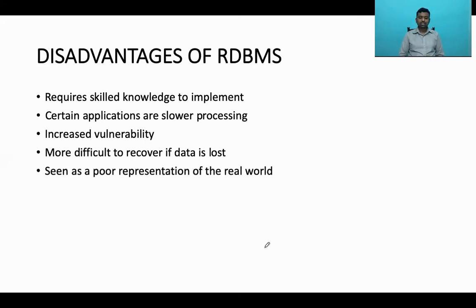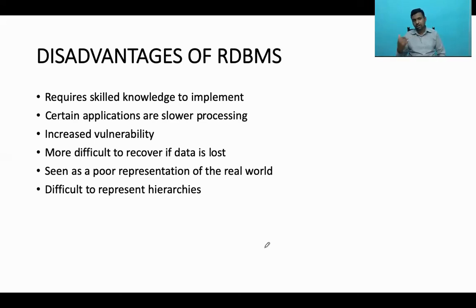Seen as a poor representation of the real world, right? Real-time representation is not as good in RDBMS, but it has its own advantages as well. Okay. Now, it is difficult to represent hierarchies. When I say hierarchical, we have to go for the hierarchical model, but it has a lot of disadvantages of its own.